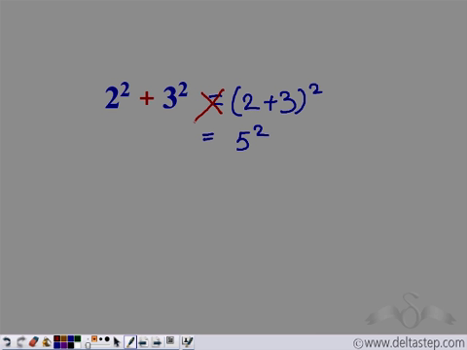We can do this only if two exponential numbers are multiplied, then we can make it 2 into 3 whole square, not when they are added. So if two exponential numbers are added, we cannot add their bases. If they are multiplied, then we can multiply the bases if the exponents are the same.